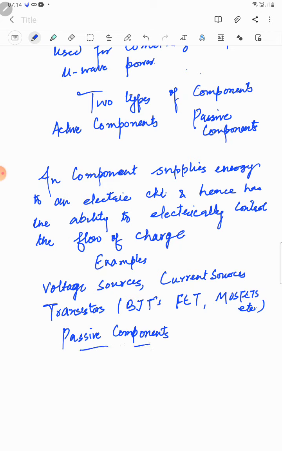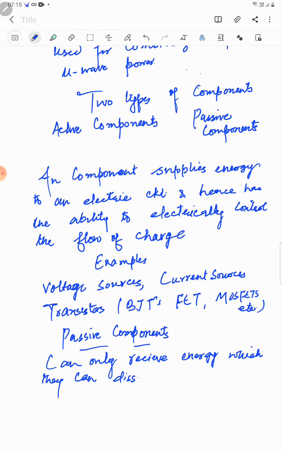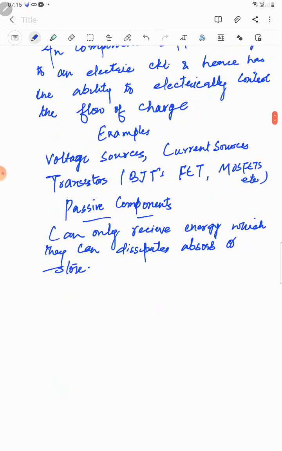So what are passive components? Passive components can only receive energy, which they can dissipate, absorb, or for that matter, store.